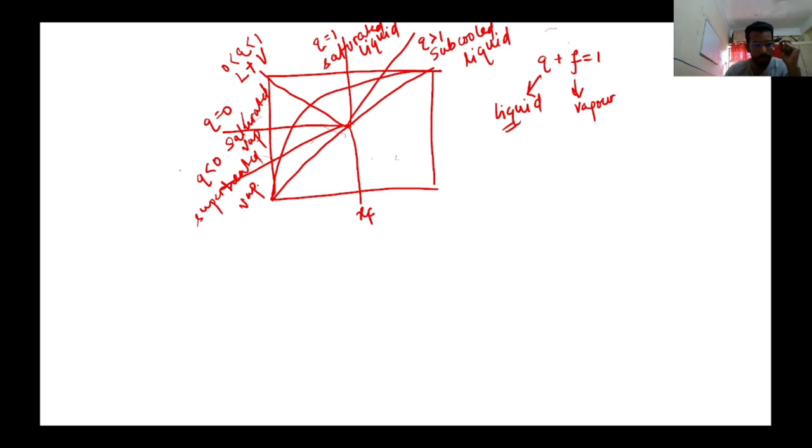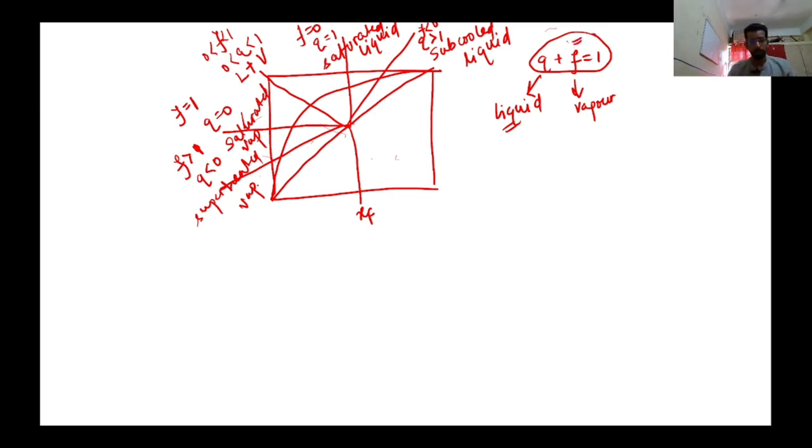That means f will be greater than 0 here, f will be greater than 1 here, f is equal to 1 here, and f will be greater than 0 and less than 1 in between. Then f is equal to 0 here, and then f is less than 0. Just follow this equation: put in one value, and you can find the other value.